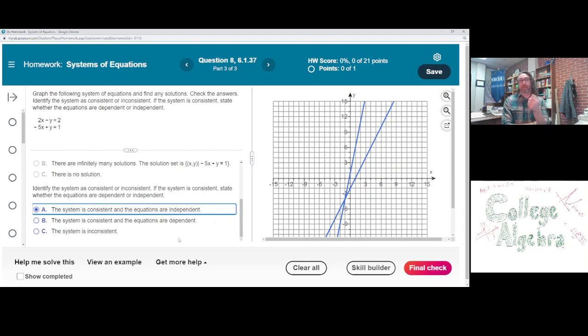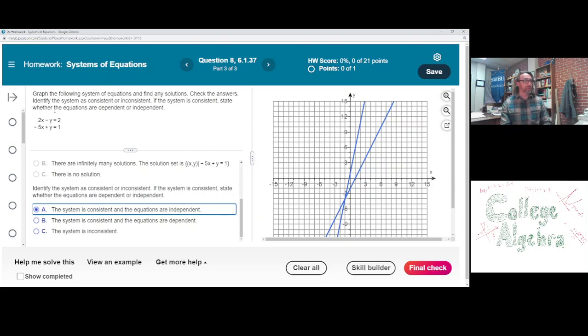So a little bit of vocabulary here. A system is consistent or it's inconsistent. Inconsistent means no solution. If a system is consistent, there are two options. You could have exactly one solution, as we have right here, or you could have infinitely many solutions. We'll talk about that in another video. But the key takeaways here are how to solve a system graphically.